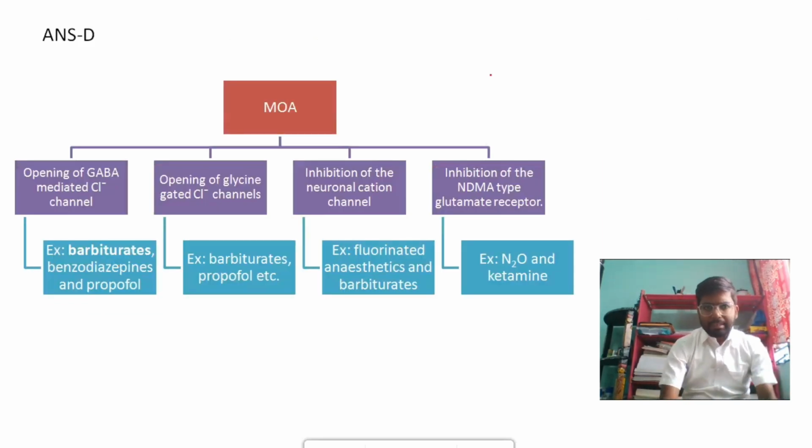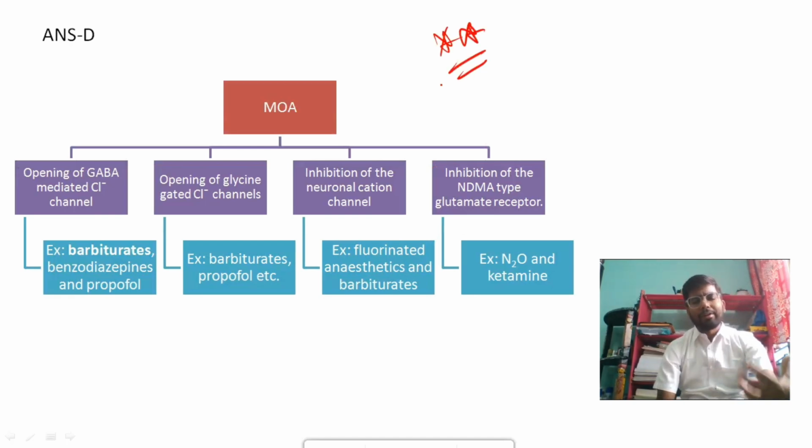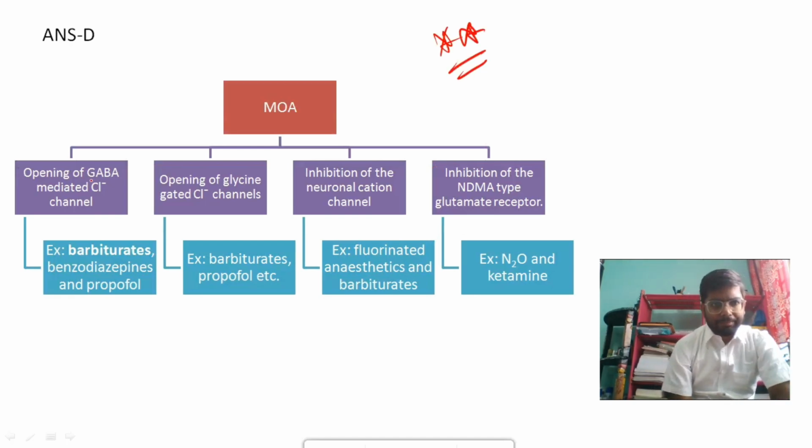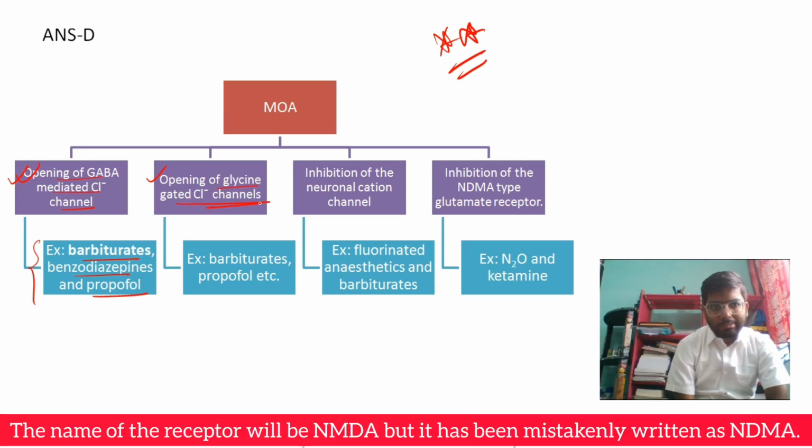Let's understand the different mechanisms of different general anesthetic drugs. Opening of the GABA mediated chloride channel can be caused by barbiturates, benzodiazepines and propofol. Opening of the glycine gated chloride channel is caused by barbiturates and propofol.